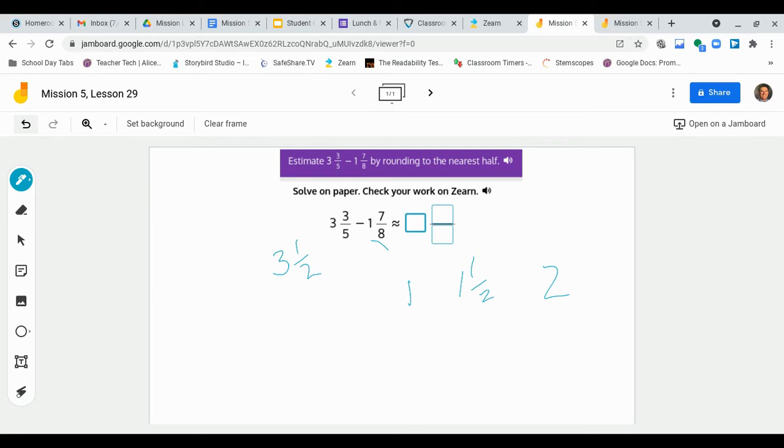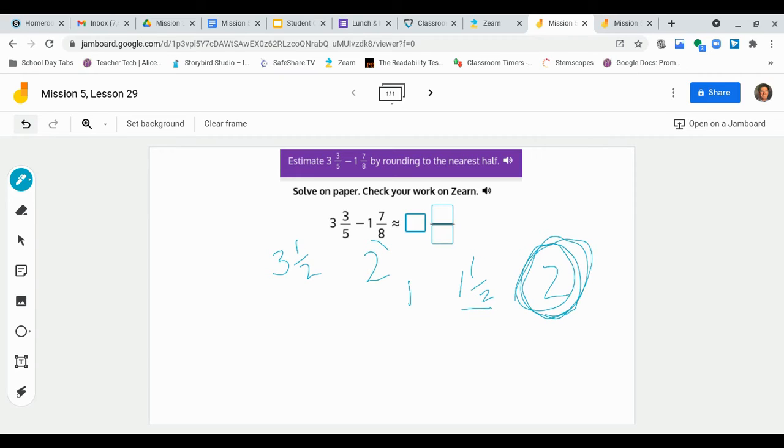So is it right around a half, or is it pretty close to 2? Well, in this case, 7/8 is just one little piece away from being 2 wholes. So I'm going to round 1 7/8 to 2 wholes.